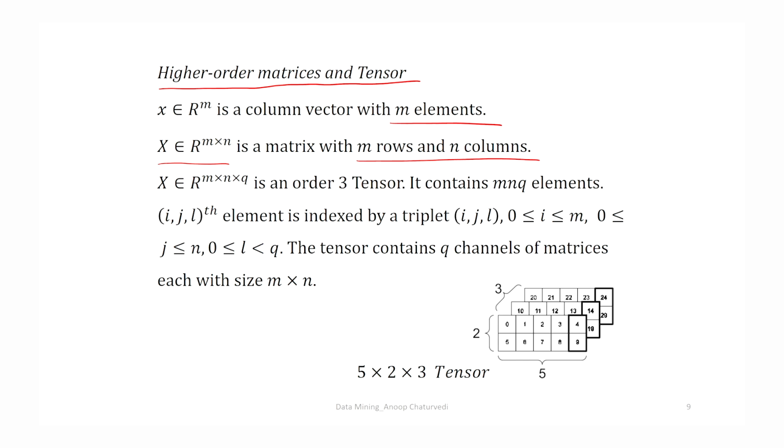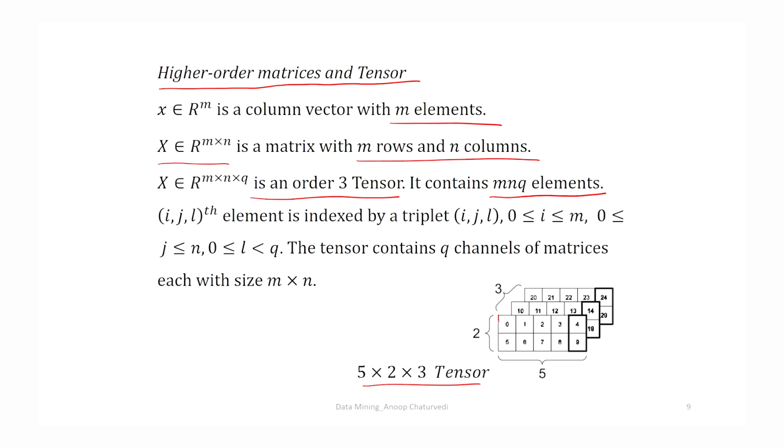Now, suppose we generalize the matrix to higher dimensions. So, suppose X belongs to R^(m×n×q). Now, this is an order 3 tensor, and this tensor contains m×n×q elements. So, what we do? Let us take this example of a 5×2×3 tensor.